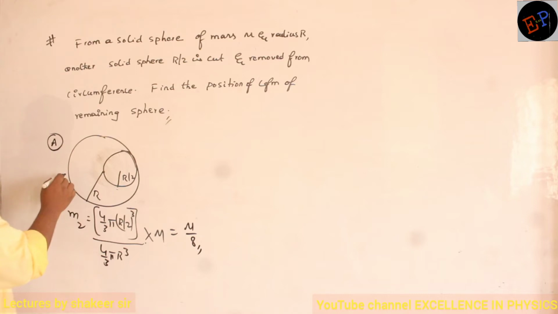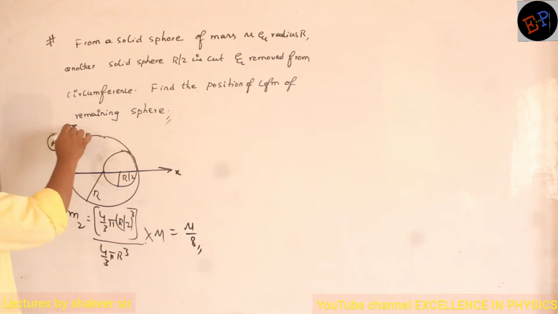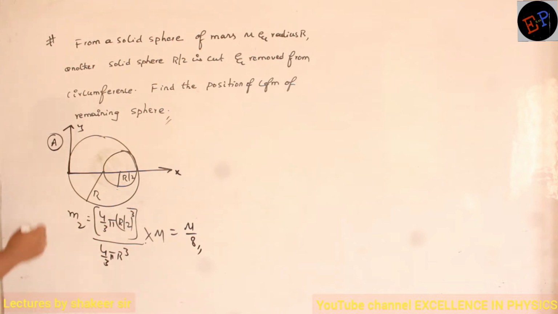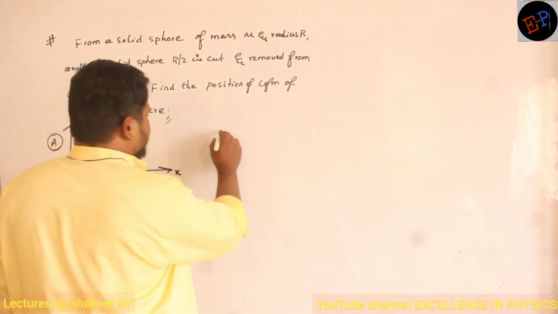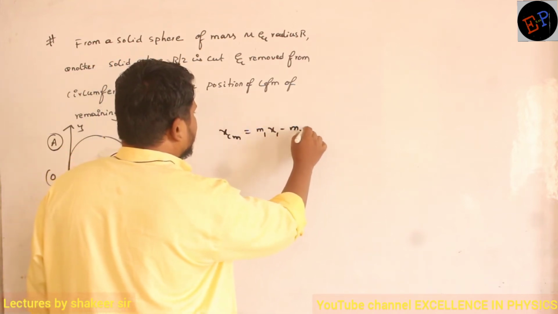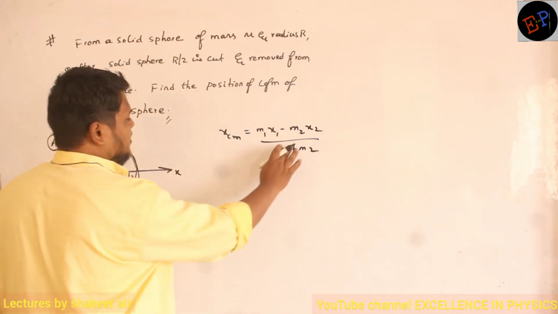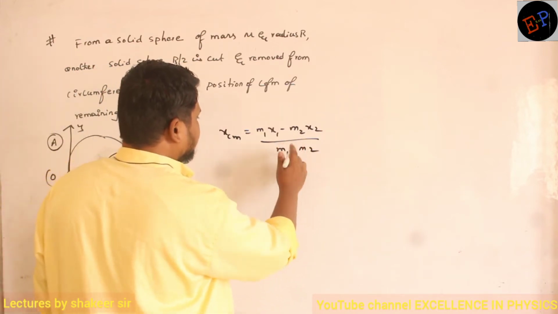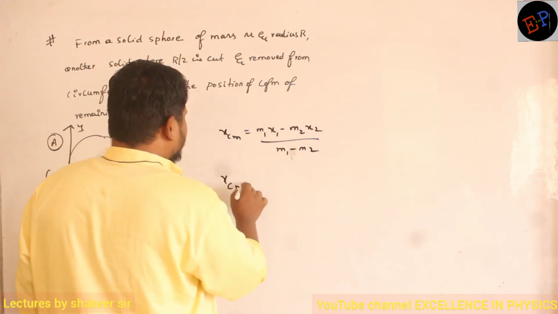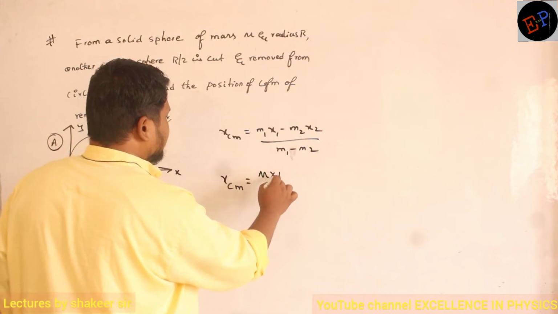Again you take, this is the position of center of mass, this is the x-axis, and this one is the y-axis. So this is my reference, 0, 0. Okay. Now just substitute. So x center of mass is equal to m1 x1 minus m2 x2 divided by m1 plus m2, m1 minus m2. Clear? So therefore x center of mass: mass of original body is capital M, its center of mass will be at r.